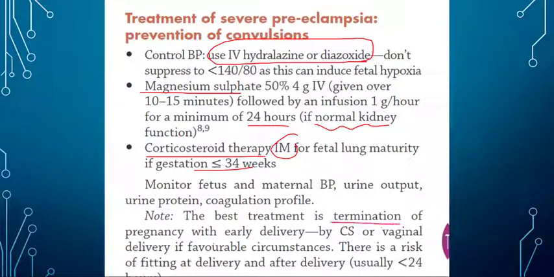The best treatment is termination of pregnancy with early delivery by cesarean section, or vaginal delivery if there are favorable circumstances. Usually for severe preeclampsia the best treatment is always a cesarean section, but if it is not very severe, then you can even try a trial of vaginal delivery if it is possible.